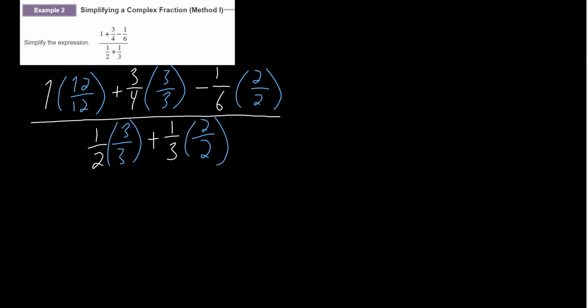So 1 times 12 over 12 is going to be 12 over 12, plus 9 over 12 minus 2 over 12. And then that's all over 3 over 6 plus 2 over 6.